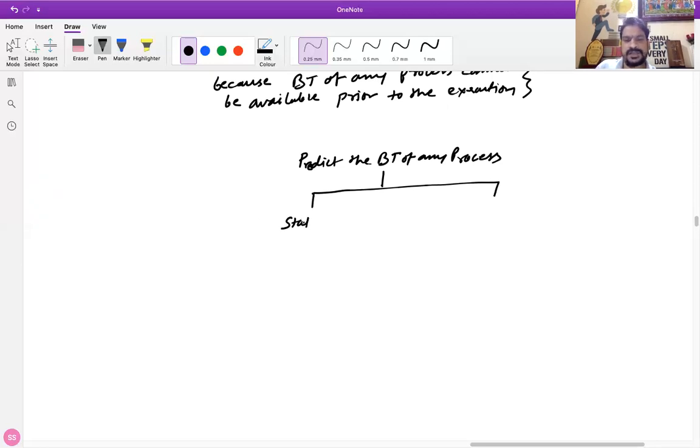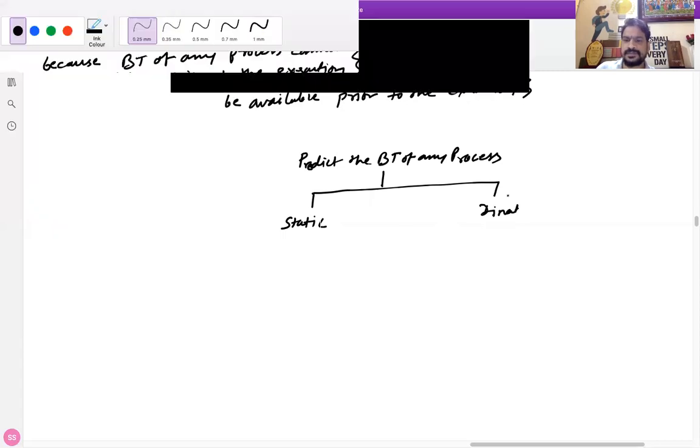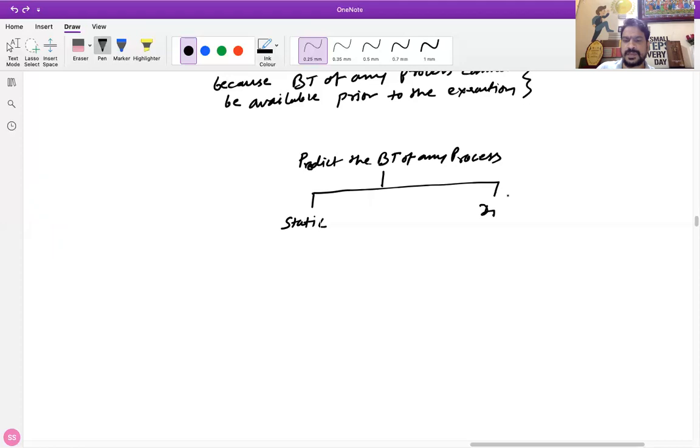One comes into the category of a static method, and second is the dynamic one. Now let's talk about static and the dynamic.